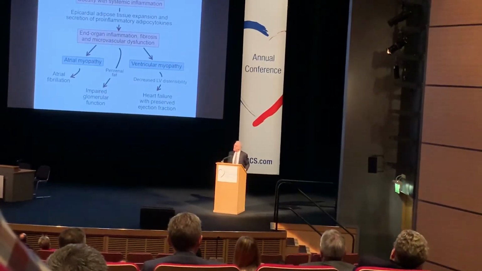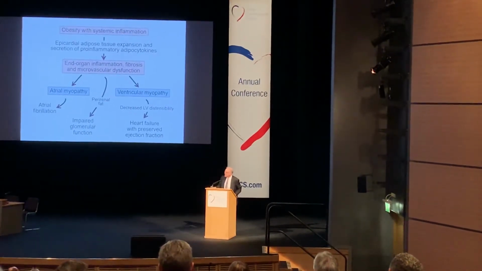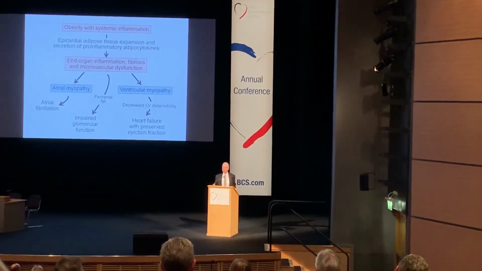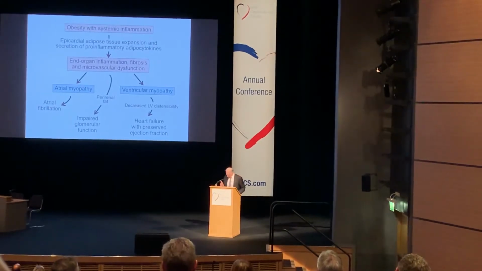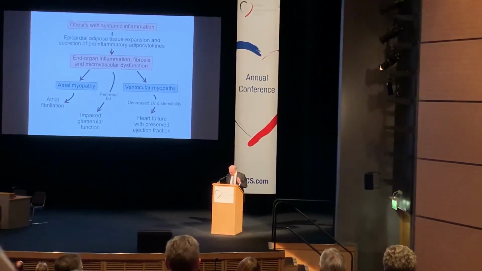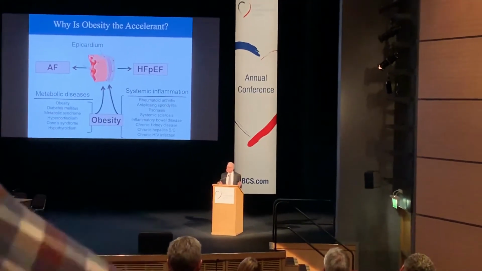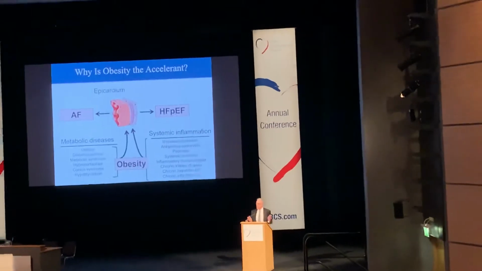The second is that the adipocytes make a substance which is nephrotoxic. And we'll talk about that second hypothesis in just a moment. So, this is what you see every day.